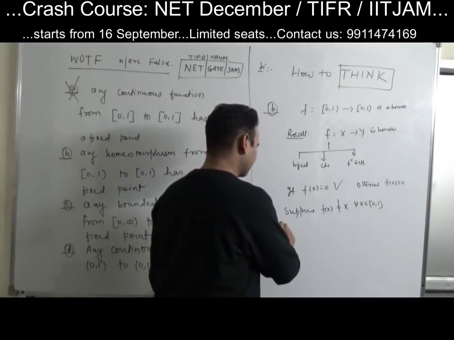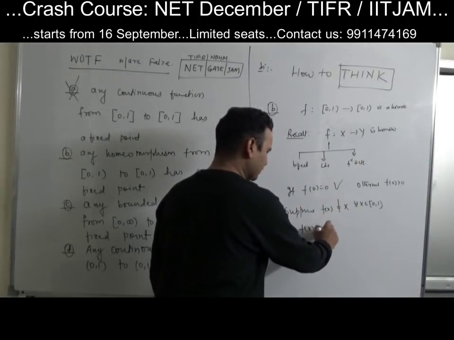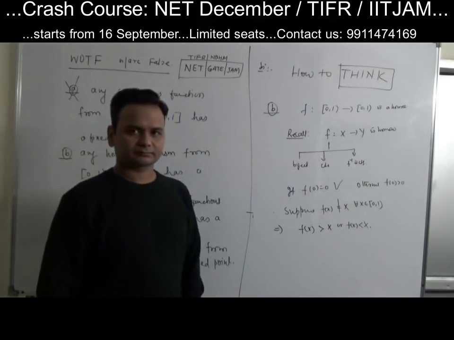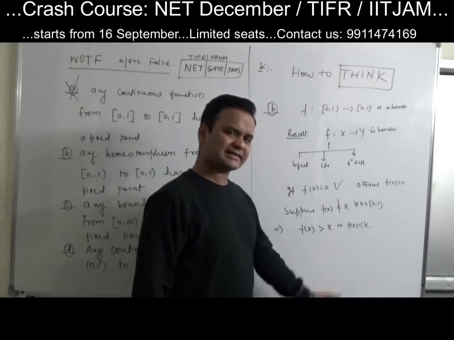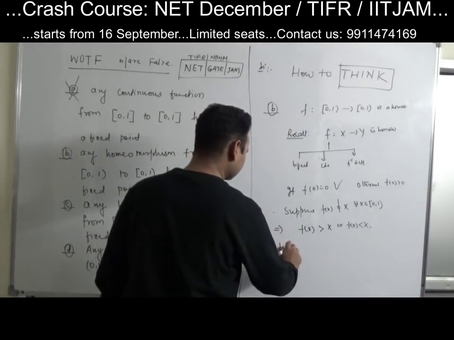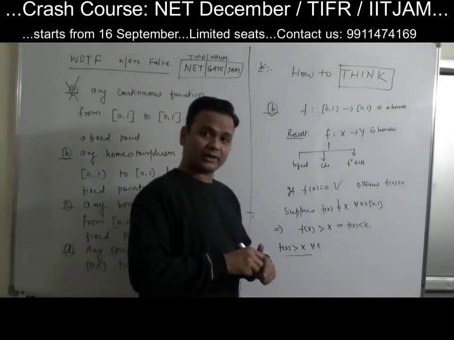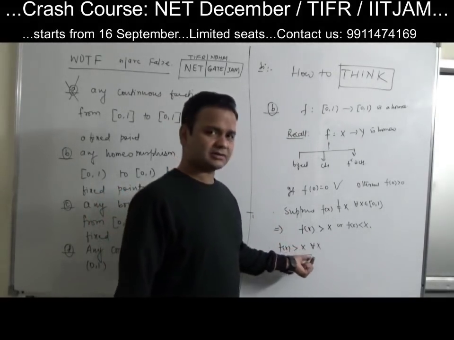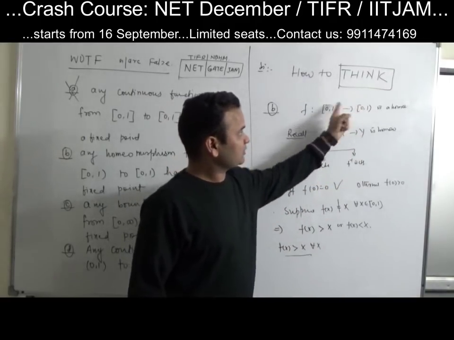That means, for any x you give, f(x) is not equal to x, so there are two conditions: either f(x) is greater than x or f(x) is less than x. If f(x) is greater than x for all x, then we arrive at a contradiction. Why? Because 0 is not attained. 0 is not attained because f(0) is positive and this map is onto, since it is bijective, so 0 must have a pre-image.